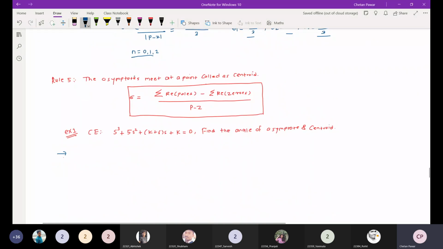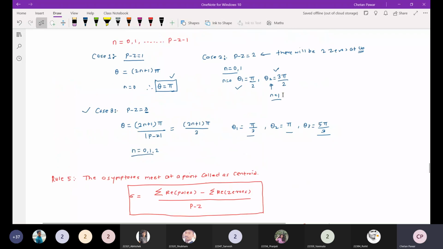Now, when there is more than one asymptote, there will be a centroid. The asymptotes meet at a point called the centroid. So how do we find that centroid?